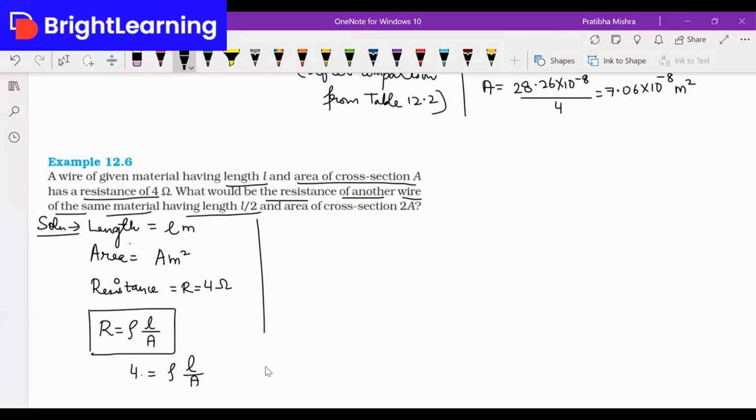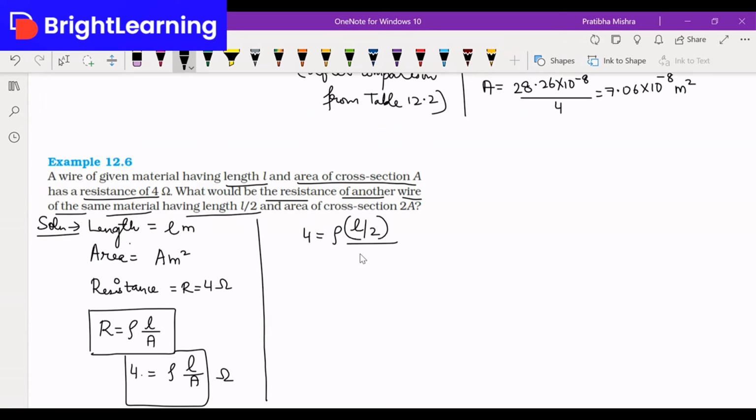Okay. Now, the condition that they are trying to give you is, see, this is in ohms. What's the condition they are trying to give you? They are telling another wire of the same material having length L by 2. So instead of L, you will put L by 2, right?